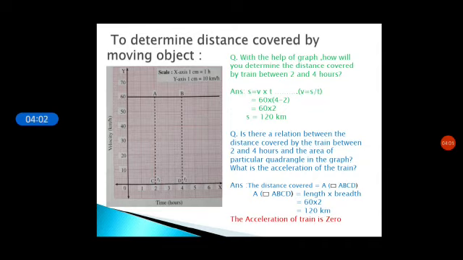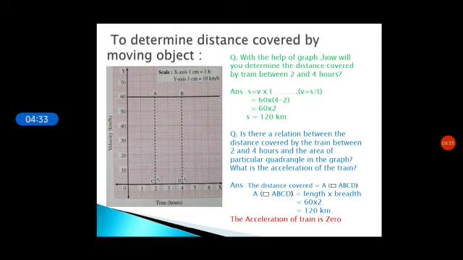We will get clear from the following two questions how to determine the distance covered by a moving object. Question first: with the help of the graph, how will you determine the distance covered by the train between the 2nd and 4th hours? We know that velocity is equal to displacement upon time, but in linear motion the values of distance and displacement are the same. Hence velocity is equal to distance upon time, and from this we get distance is equal to velocity into time.